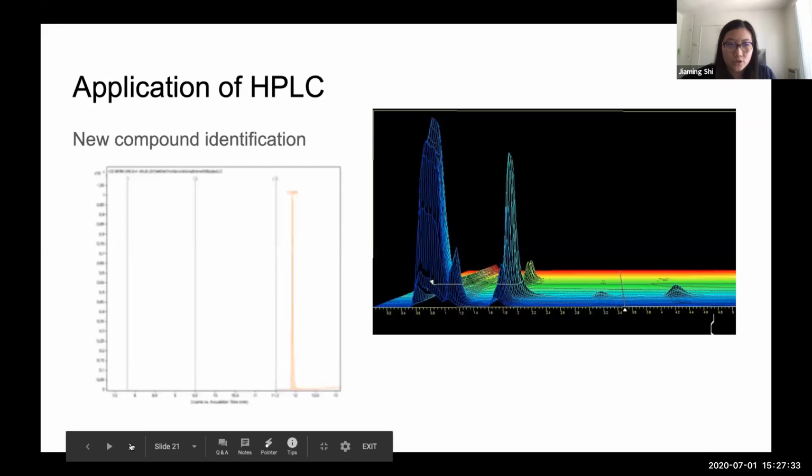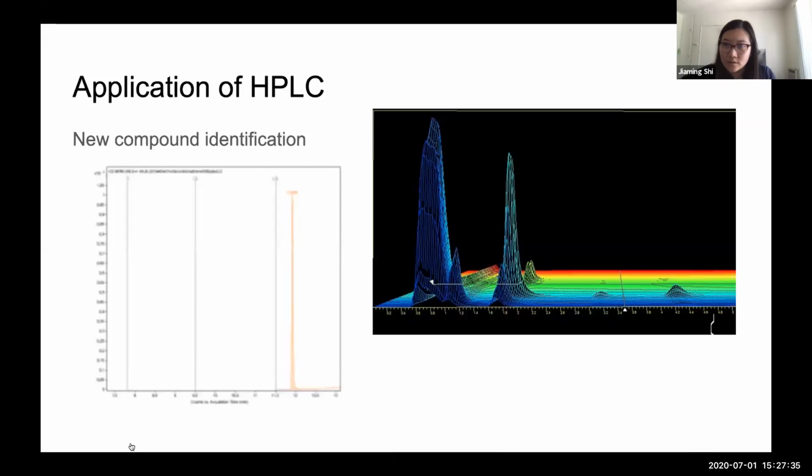Also, people use it to identify new compounds. In this way, it's more of an identification purpose instead of quantification. So that should be something you don't know what it is prior to your analysis. You're just looking at new peaks, basically. It depends on what kind of detector you're using. For new compound identification in our lab, we usually use a mass spec.